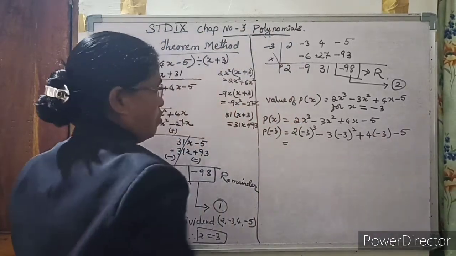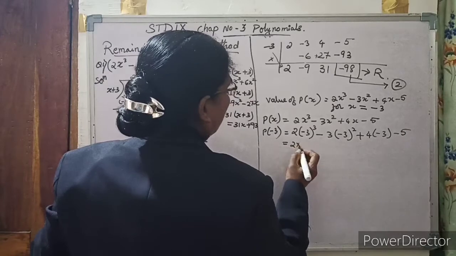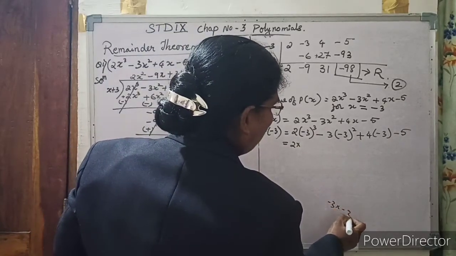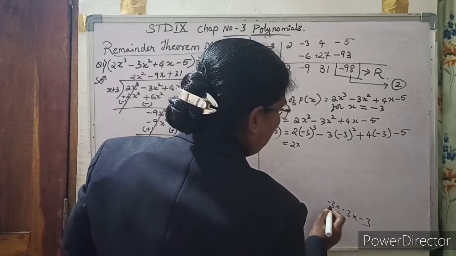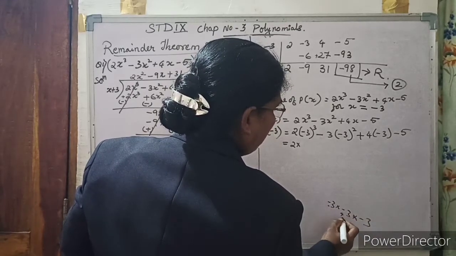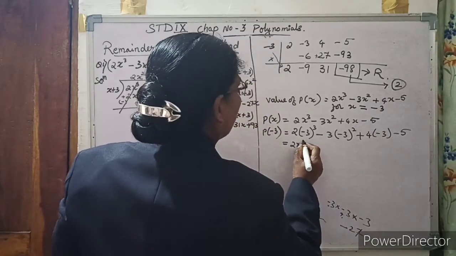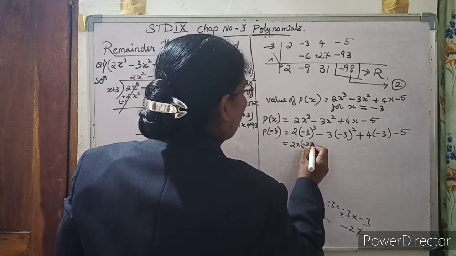So now it is 2 into minus 3 cube, minus 3 into minus 3 into minus 3. Minus into minus into minus is minus, 9 threes are 27, so it is minus 27.